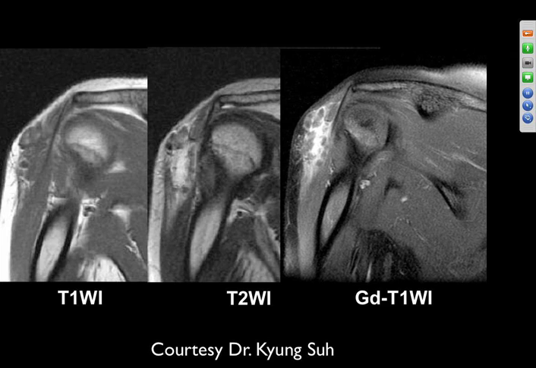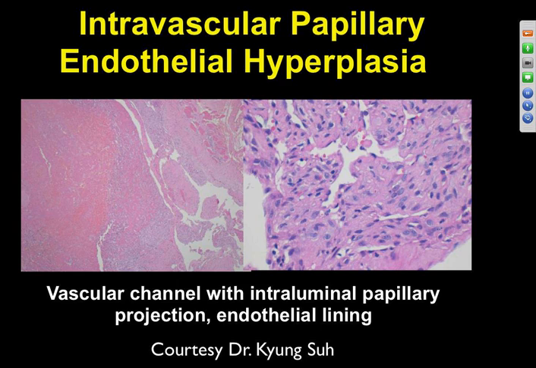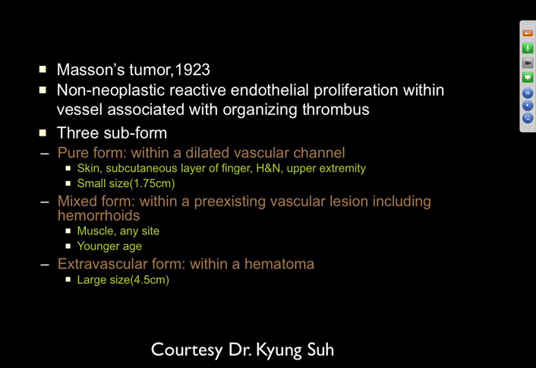But given that it has some internal fatty structure, I think you're thinking about a type of liposarcoma. So this is endothelial hyperplasia, or what's called Masson's tumor.